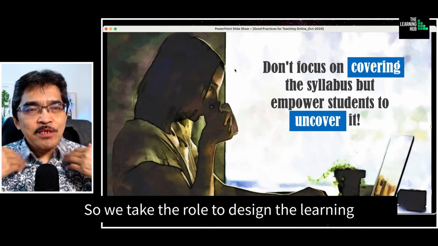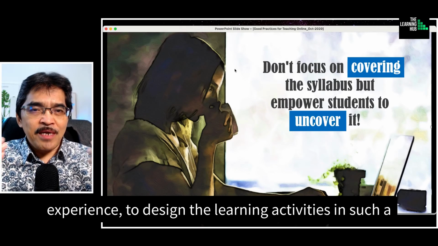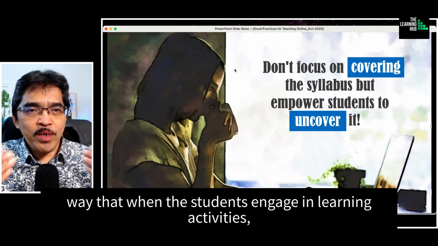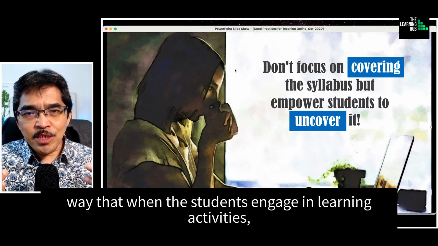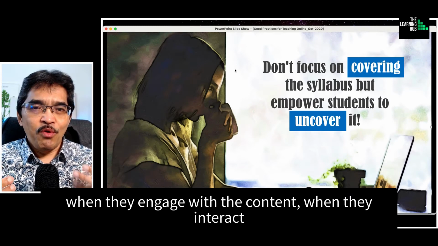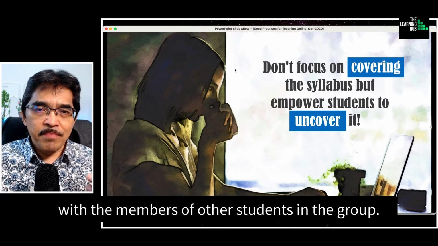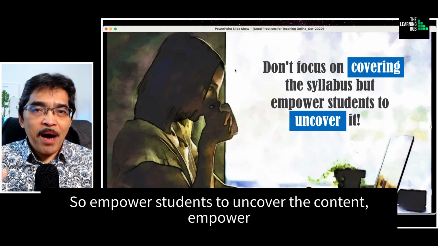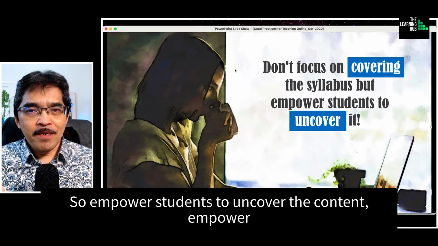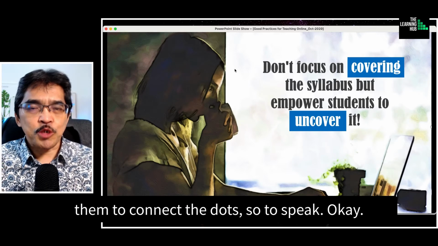So we take the role to design the learning experience, to design the learning activities in such a way that when the students engage with the content, when they interact with the other students in the group, this is where learning can happen. So empower students to uncover the content, empower them to connect the dots, so to speak.